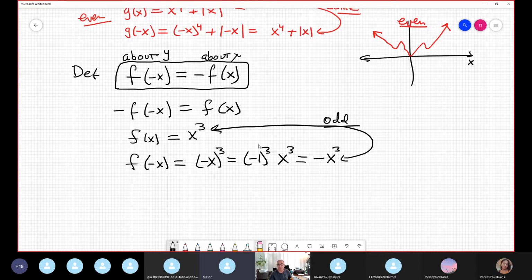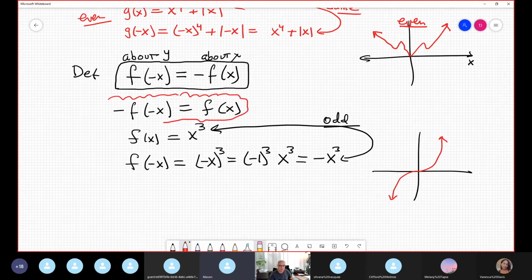How do you see the idea geometrically? The cubic function looks like that. Let's use the idea of double reflection. You reflect first, according to the order of operations, inside the parenthesis. You're reflecting about the y-axis, because when you change x for negative x, the reflection is like that.